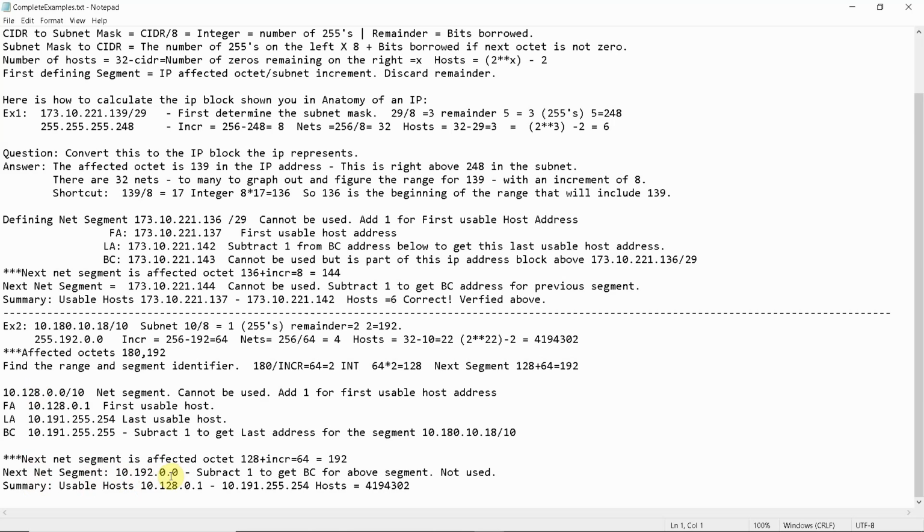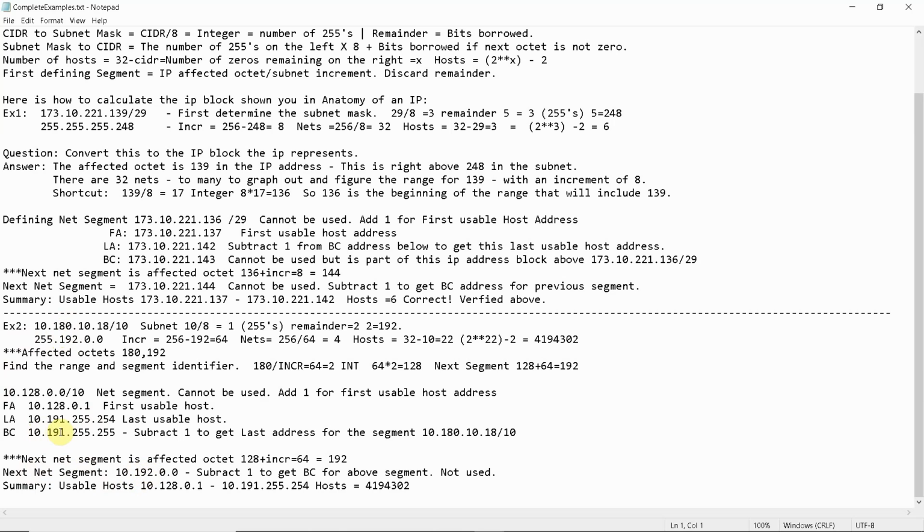Now we just back up, subtract 1 to get the above segment's broadcast address. When you subtract 1 this time, you're subtracting 1 from the active octet, which is the second one over. So the second one over is 192 from the next segment, and we subtract 1 from 192.